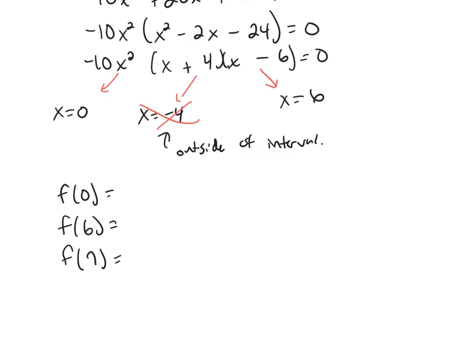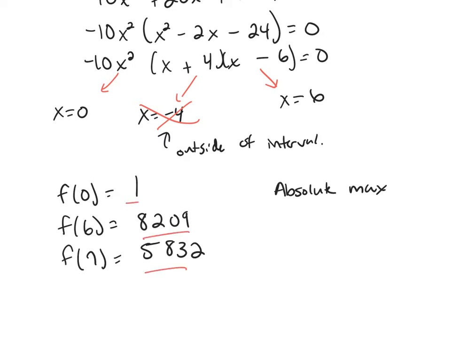And you will probably have to use a calculator for this. These numbers get a little large. 1, 8,209, 5,832. And so I'm going to say that the absolute max is the largest of these three values, 8,209, and it occurs at x equals 6.